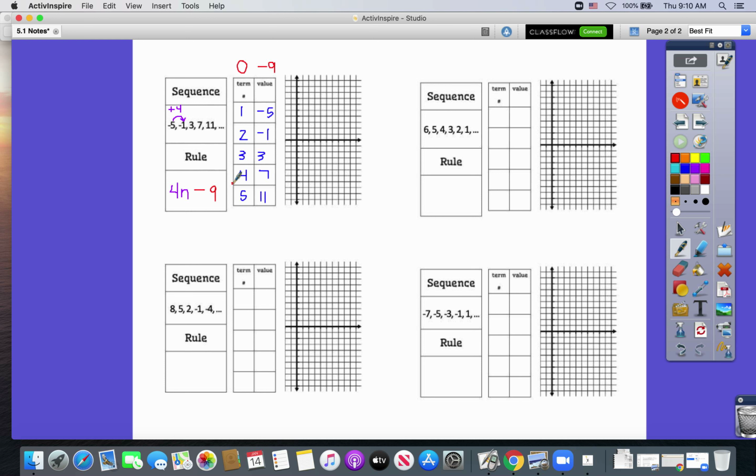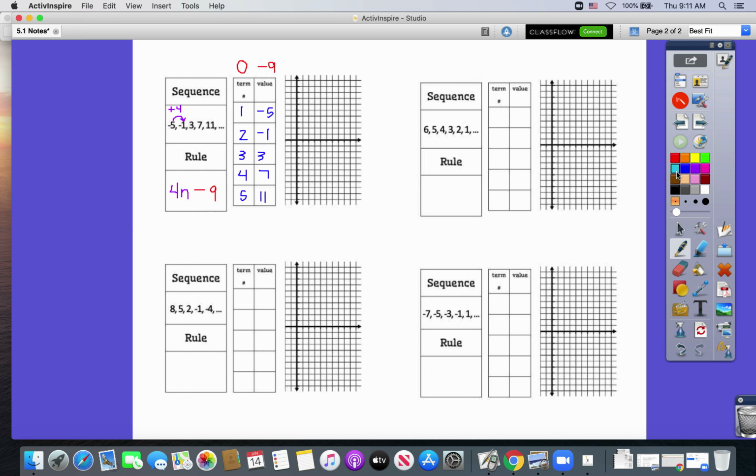Okay, so hopefully those 3 examples help. For every rule, you just need to figure out this number here in front of n. What's our common difference? What are we adding each time? And what would be the term before the first one? And we can always check these rules also.